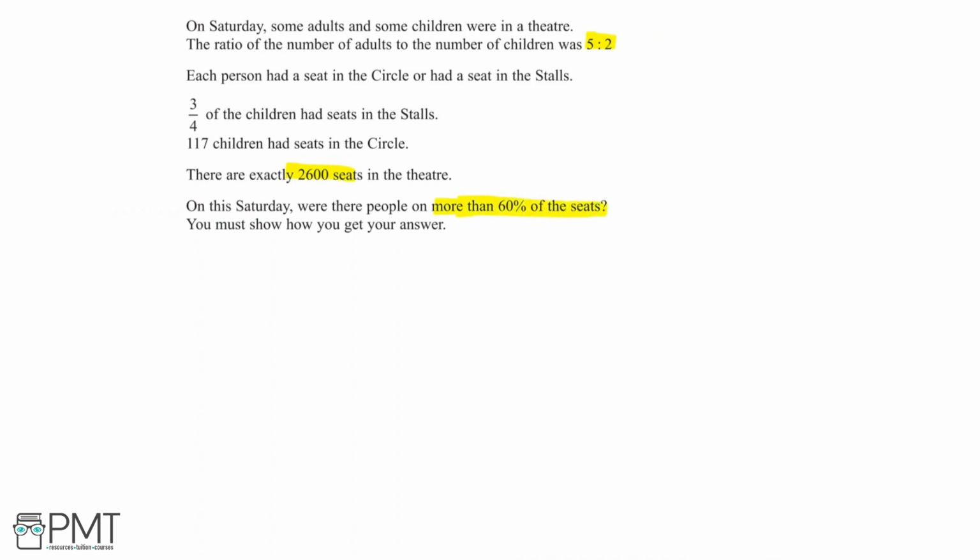So let's go ahead and start by finding out the total number of children, and we're given enough information to do this. 3/4 of the children had seats in the stalls, and so we know that the remaining quarter of the children must have had seats in the circle. We're told that there are 117 children who had seats in the circle, and so we can say that 117 equals 1/4 of the total children.